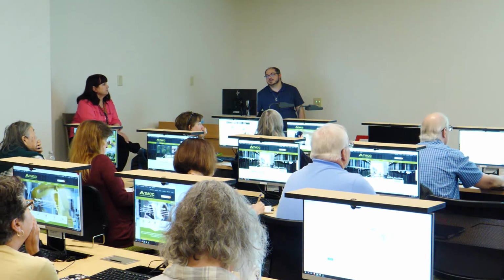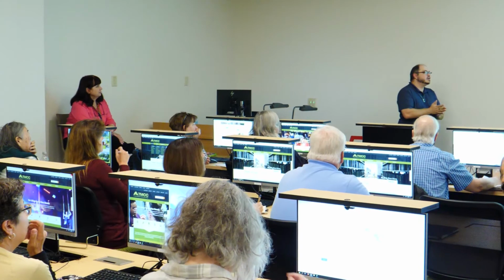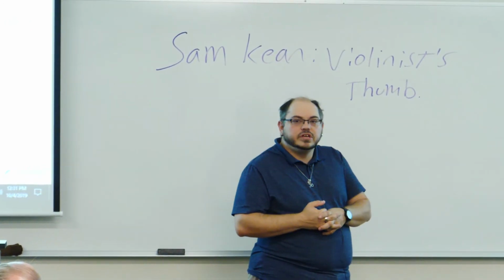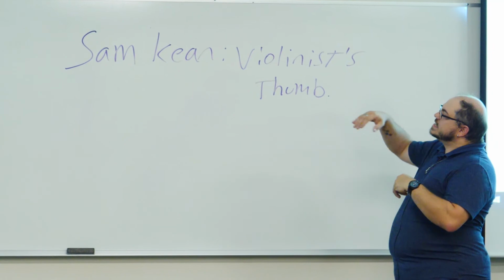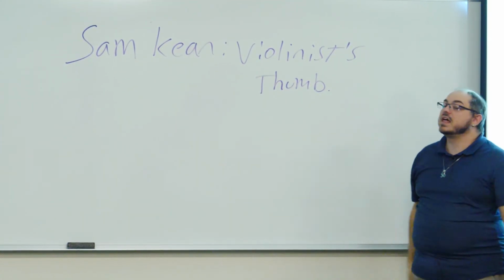One thing I wanted to mention, I'm a big science history buff. I love science history when it comes to any field of science. If you want a good book that talks about it in simple terms, where you don't need a doctorate, one of my favorite science authors is Sam Kean. He wrote a book called The Violinist's Thumb.